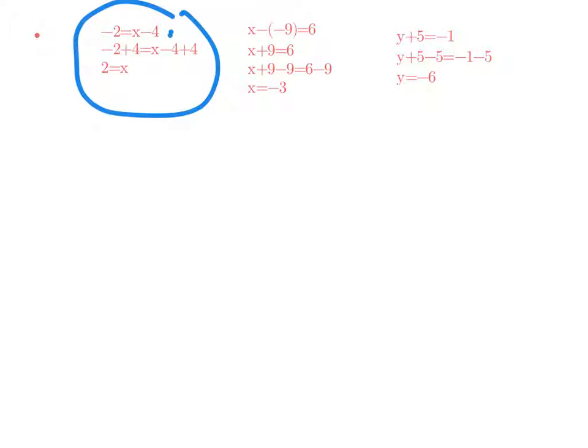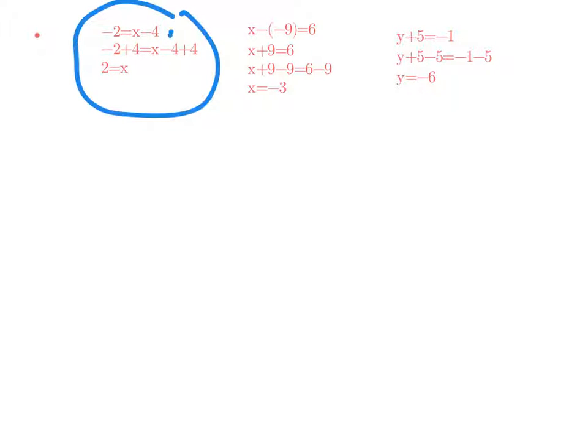So in this example, we have negative 2 equals x minus 4. And so now we are going to add, because this is negative 4, we will add a positive 4 to both sides, which I did there and there. And when I then solve that on each side, I get 2 equals x.